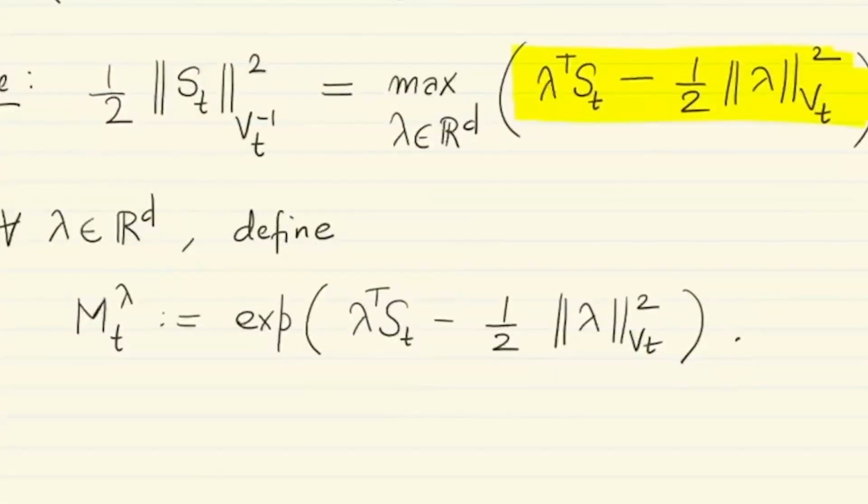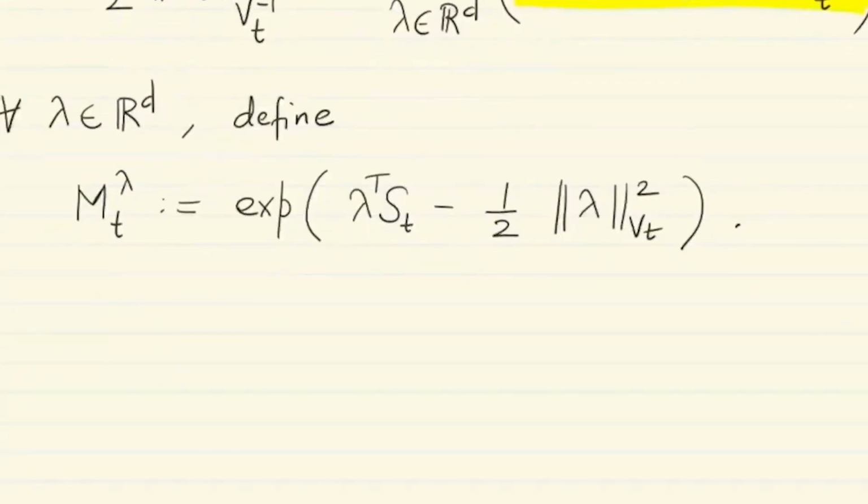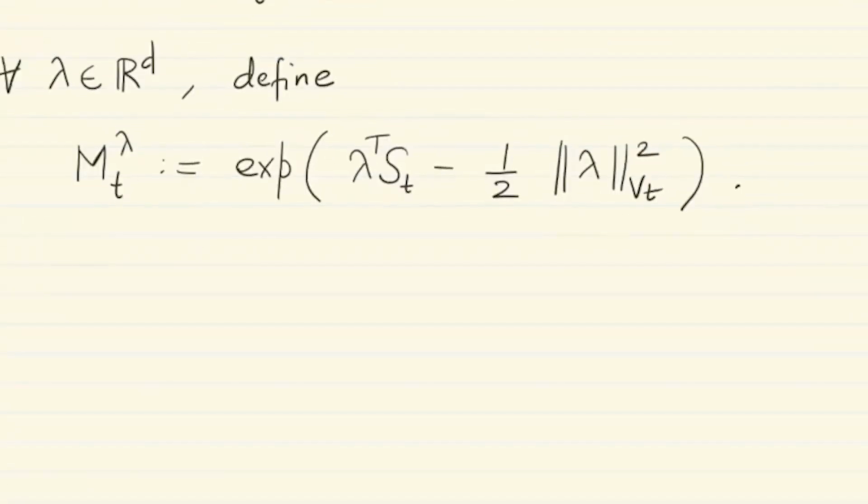If you think of lambda as fixed and t evolving in time, M_t(lambda) forms a stochastic process M_1(lambda), M_2(lambda), M_3(lambda), and so on. This is the key claim that allows us to do something useful with this process.